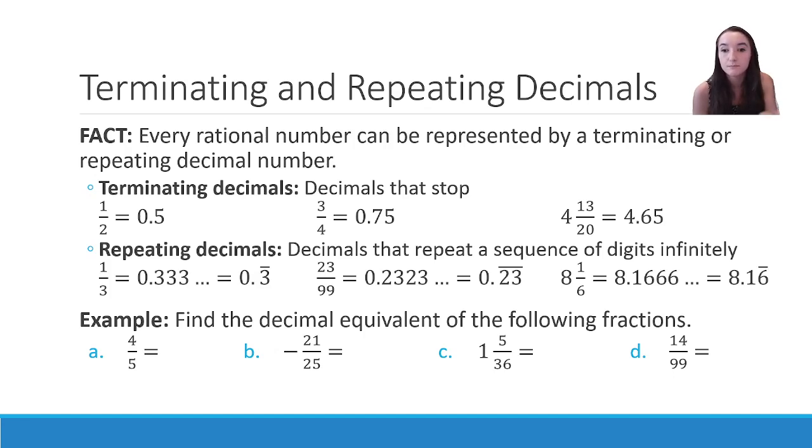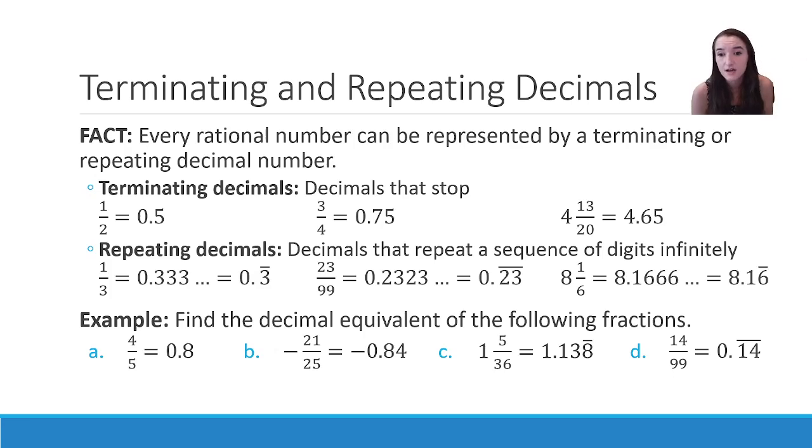For non-mixed numbers, looking at A, B, and D, you just plug it into your calculator exactly as it says. 4 divided by 5. Make sure you're doing it in the right order. The divided by comes after the numerator: numerator divided by denominator. 4 divided by 5 is 0.8. 21 divided by 25 is 0.84, but this is negative, so put a negative there.